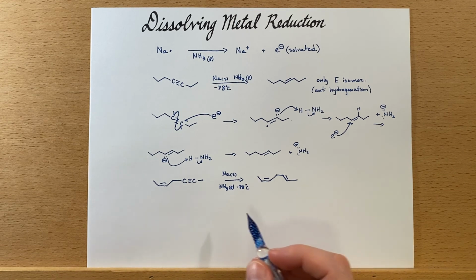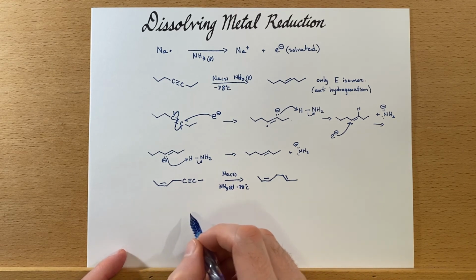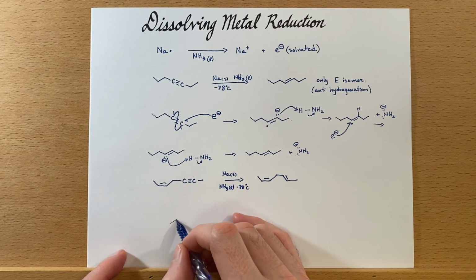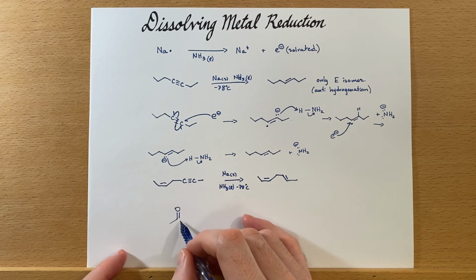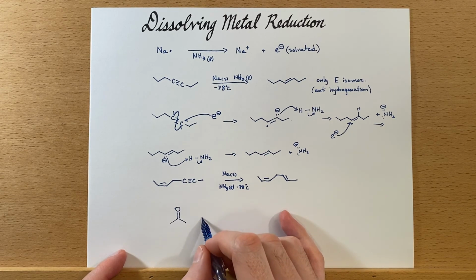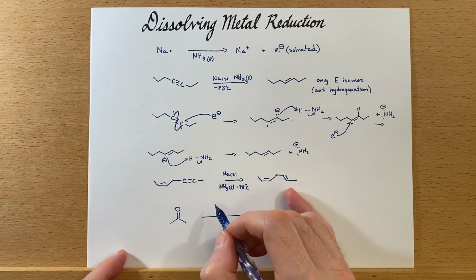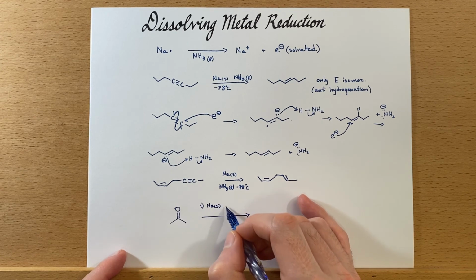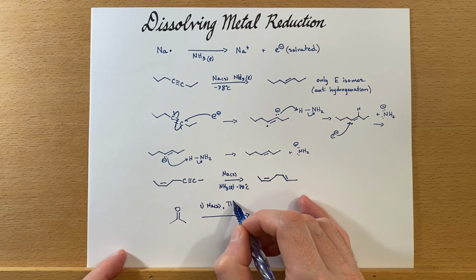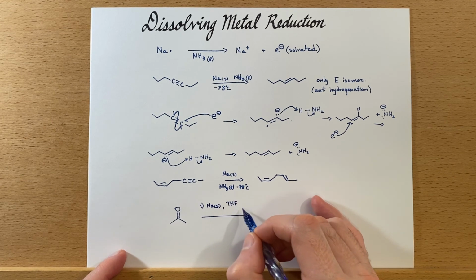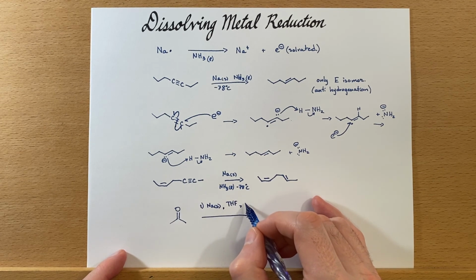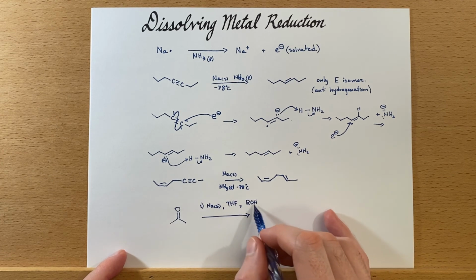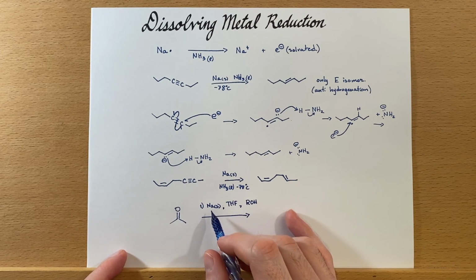Now it's possible to do other dissolving metal reductions, and I'll note one down here, and then our next video is going to focus on the Birch reduction, which is another example of a dissolving metal reduction. So step 1, add some sodium, THF, and a little bit of dilute alcohol. We don't want a lot of alcohol because the alcohol will just react with the sodium.